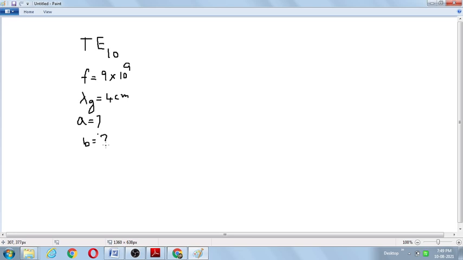So first we know the relation between lambda g, lambda naught and lambda c. That is, 1 by lambda naught square is equal to 1 by lambda g square plus 1 by lambda c square.